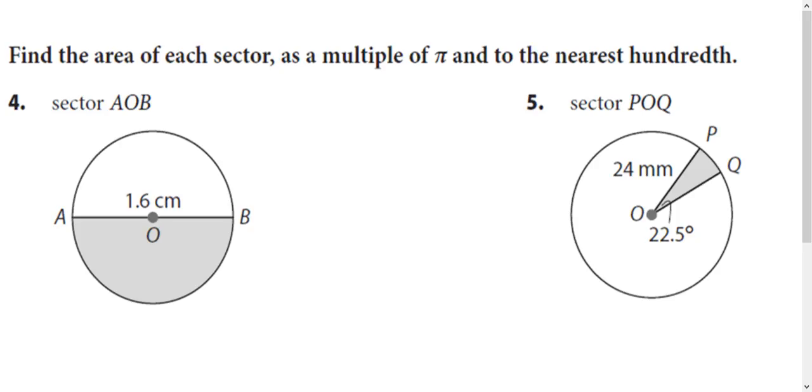Same process here, except it might be easier to just realize that this is half a circle. Rather than doing 180 over 360, we could just say it's half. The diameter we're told is 1.6, so it's half pi r squared. The radius is then going to be 0.8 squared.